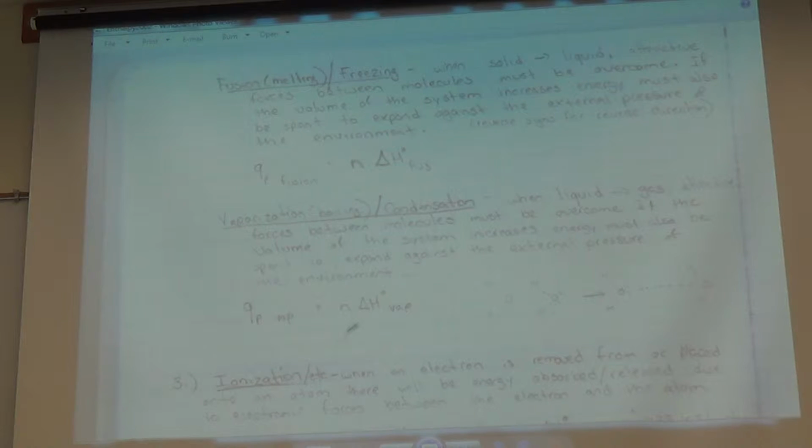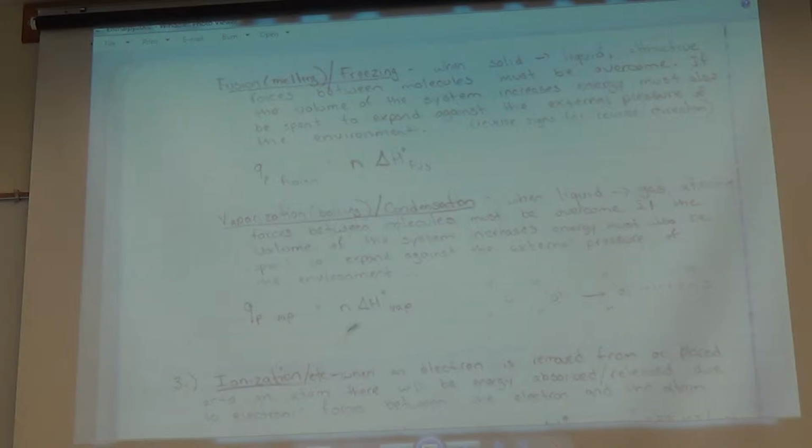Water is held together by those hydrogen bonds and electrostatic interactions. If we want to take water from the solid phase, ice, and drive it into the liquid phase, we have to put in enough heat energy, enough enthalpy, to overcome those intermolecular attractions. And also, if there's a volume change, you've got work associated with that as well.